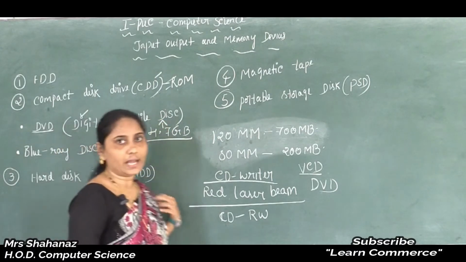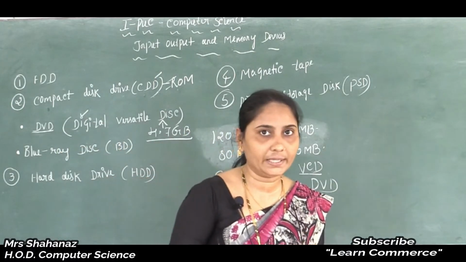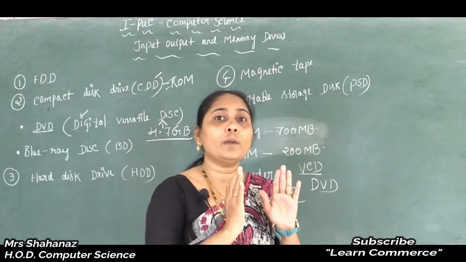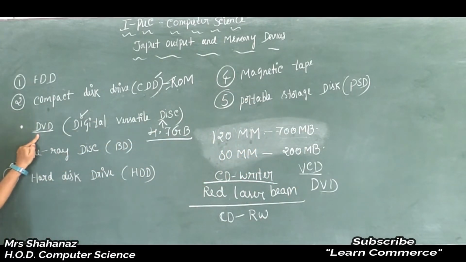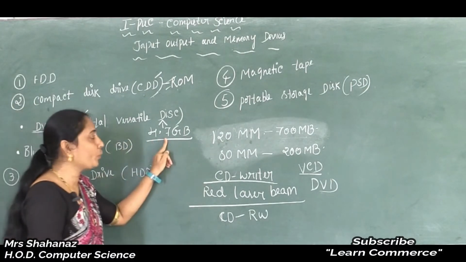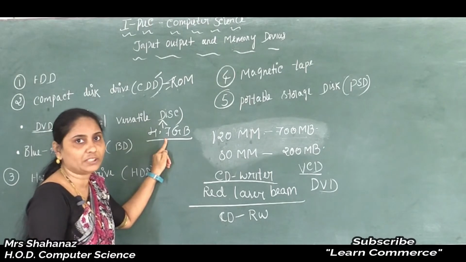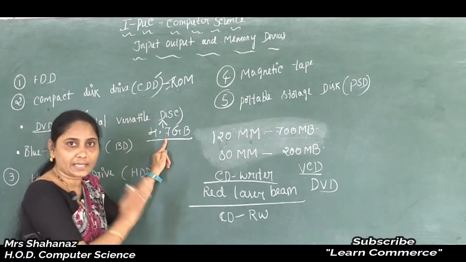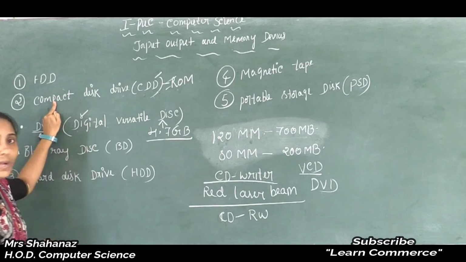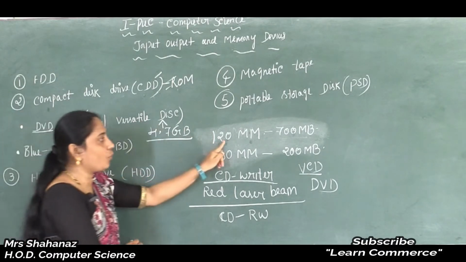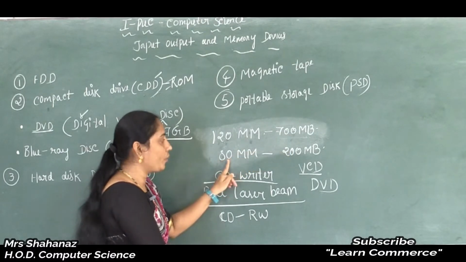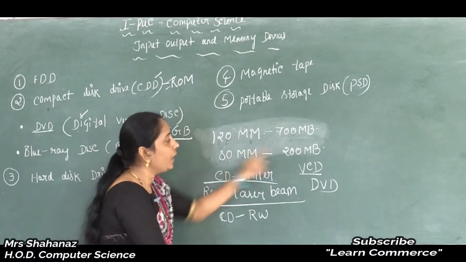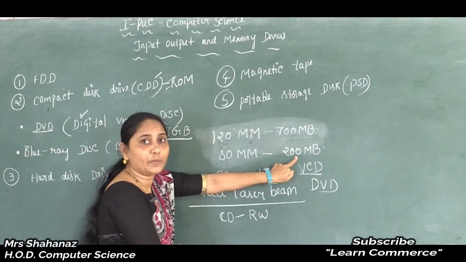When you compare CD and DVD, we can store much more information using a device like our DVD. Such a DVD can store 4.7 GB of information. I used an example in the case of the compact disk drive: the 120 mm disc stores 700 MB of information, or the second example, 80 mm stores around 200 MB of information.